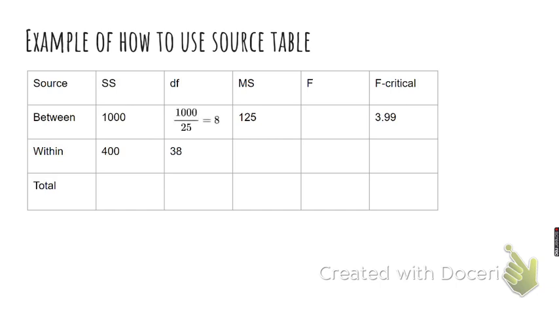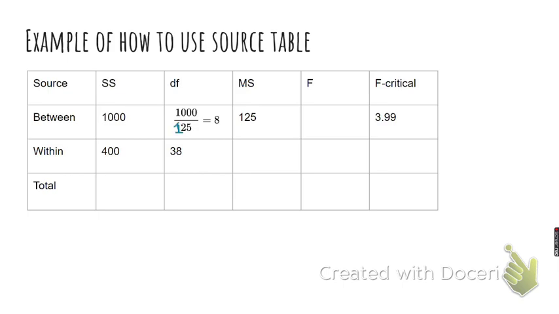So if 1,000 divided by this is 125, then we know this needs to be 8. And again, geez, this is just full of typos, isn't it? So this is actually 125. That's a 1.